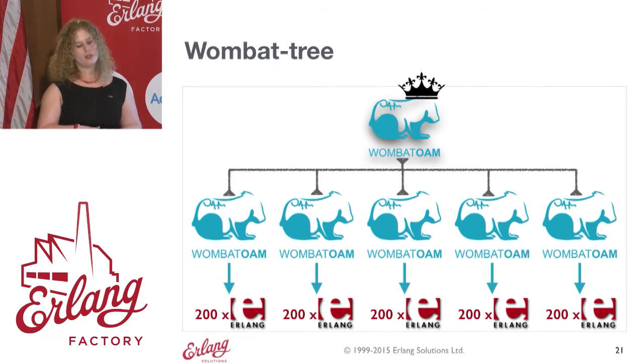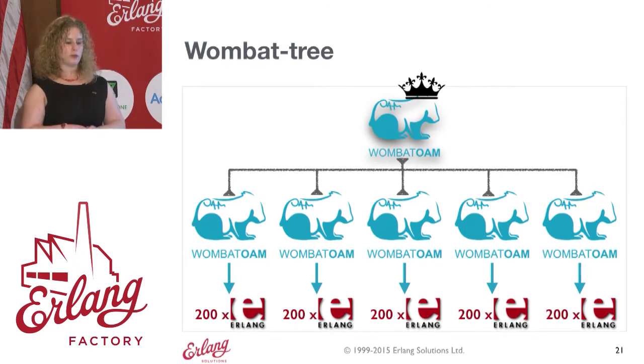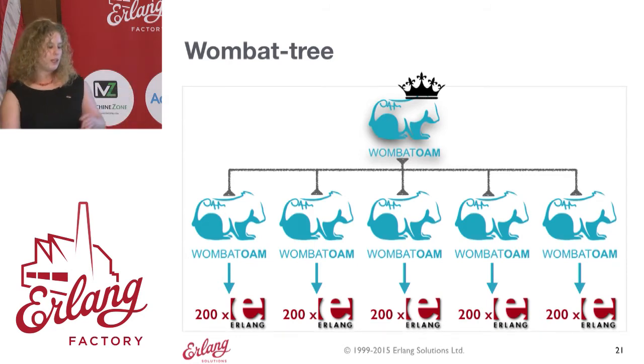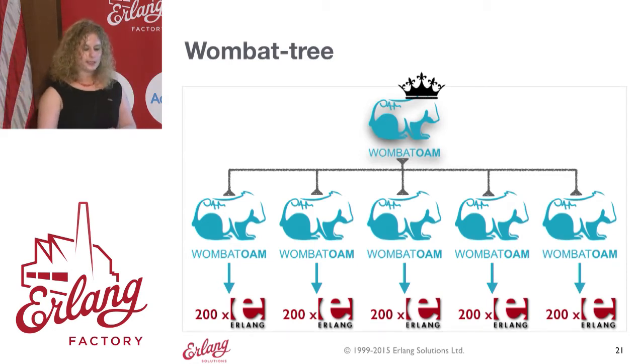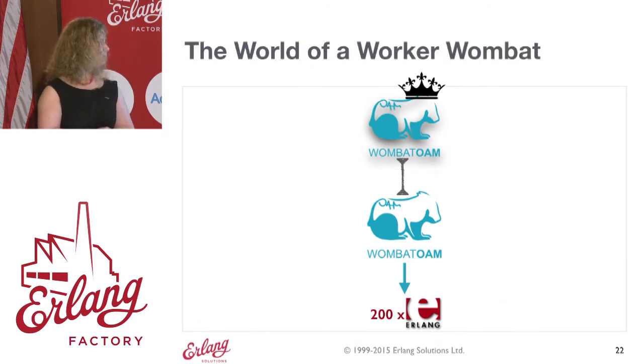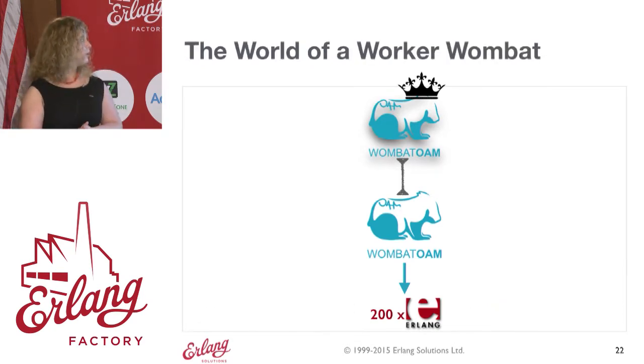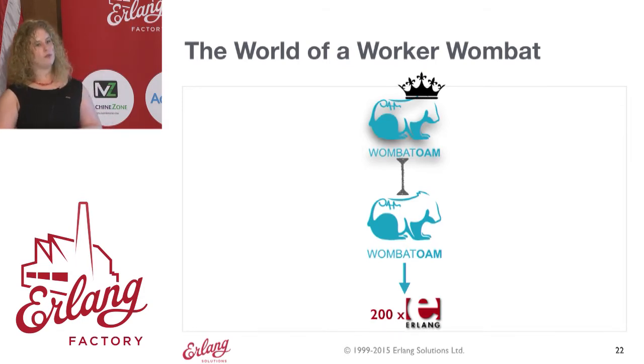Okay, let's roughly examine the overall system at first. Observe that worker Wombats are not aware of each other. They exist in their separated worlds. In the world of a worker Wombat, there exists a meta-Wombat and its managed nodes. This world restricts and defines the responsibility of a worker Wombat at the same time. As not all the nodes are visible to a worker Wombat, it is only responsible for the nodes it knows about.